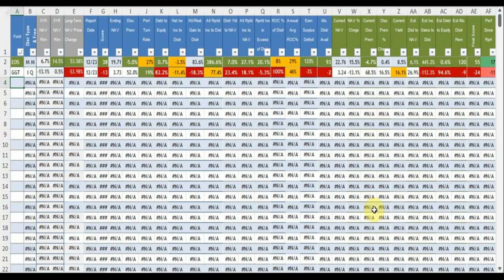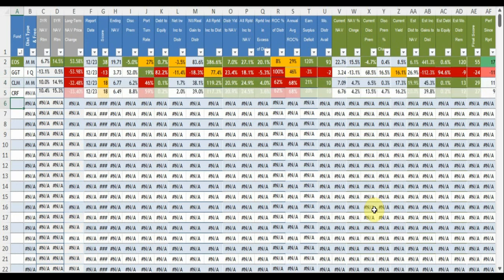Then we have the stars of the show, CLM and CRF. Almost immediately, I think you can see a contrast among the different funds. We're going to zoom in to get a closer look at CLM and CRF, but feel free to pause the video if you wish to see how they compare to our other 2 examples.